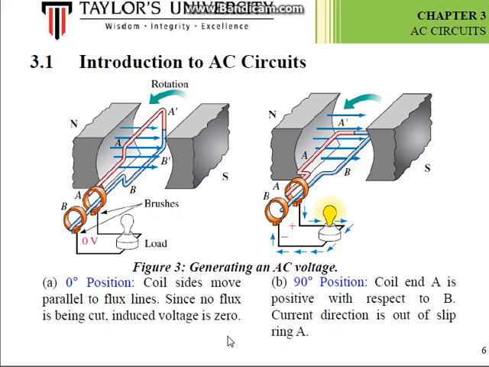But what happens when you turn it into, let's say, a 90 degree position? You have a current direction that's out of slip ring A over here because your flux line is being cut. Just imagine that you have this slip ring over here, and it's rotating in a circular motion.